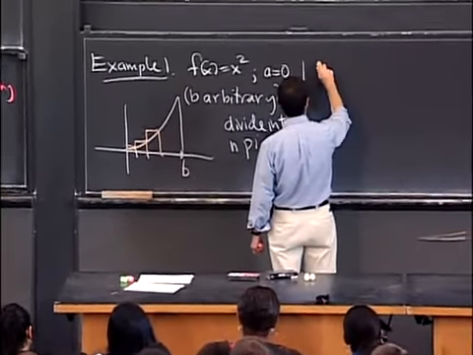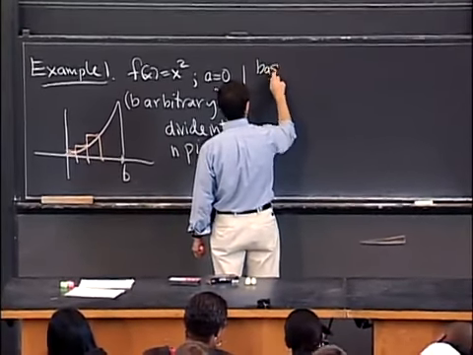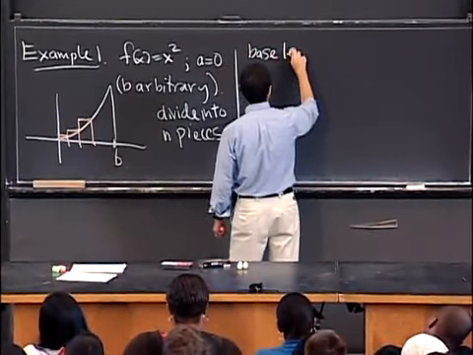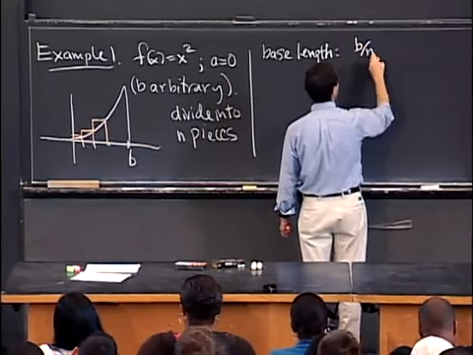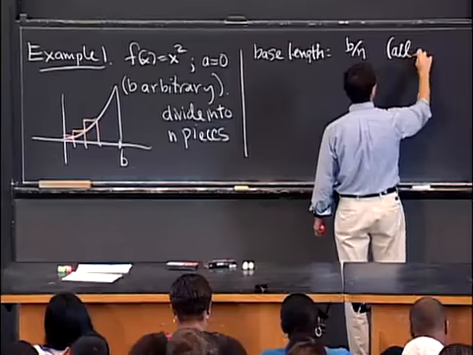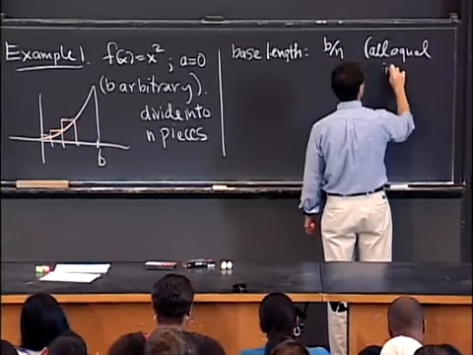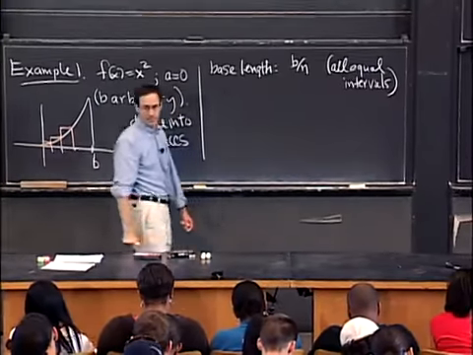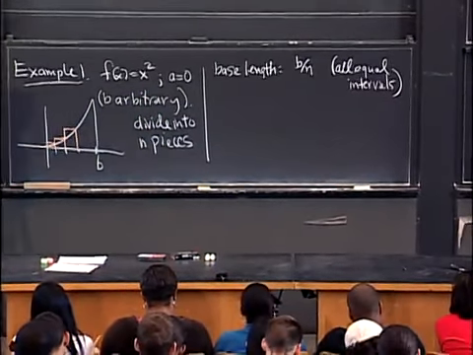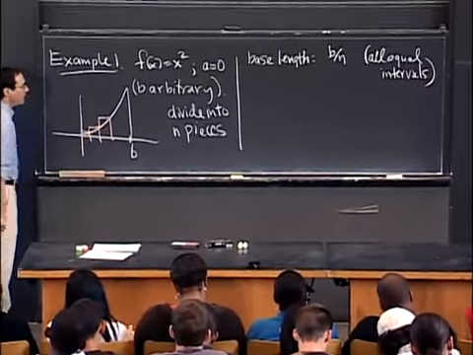And so the base length is always b divided by n, all equal intervals. So that's the base length. And next, I need the heights.